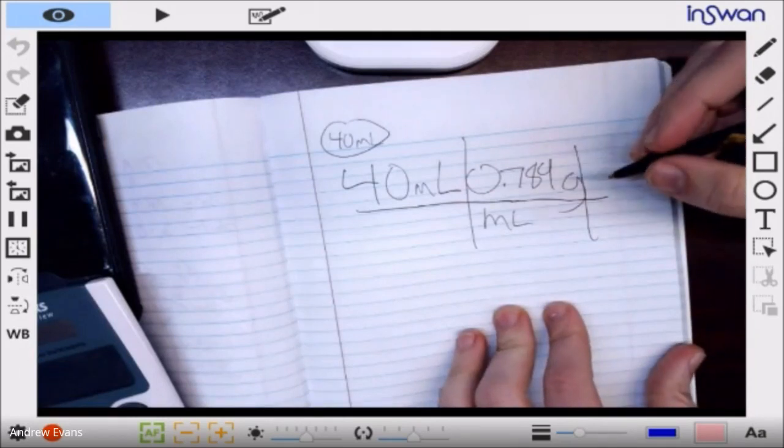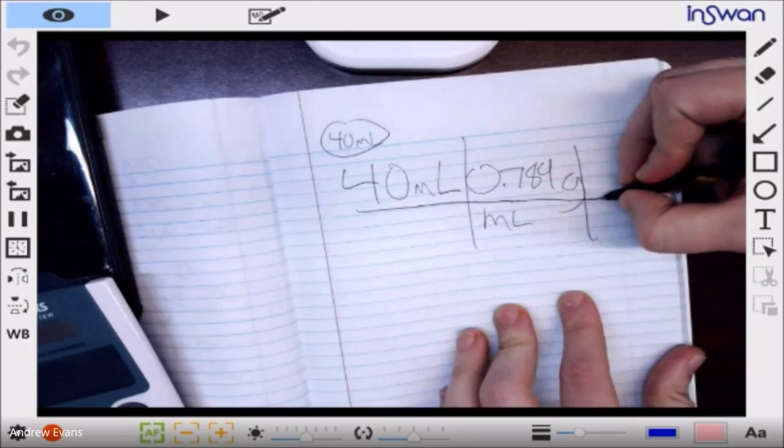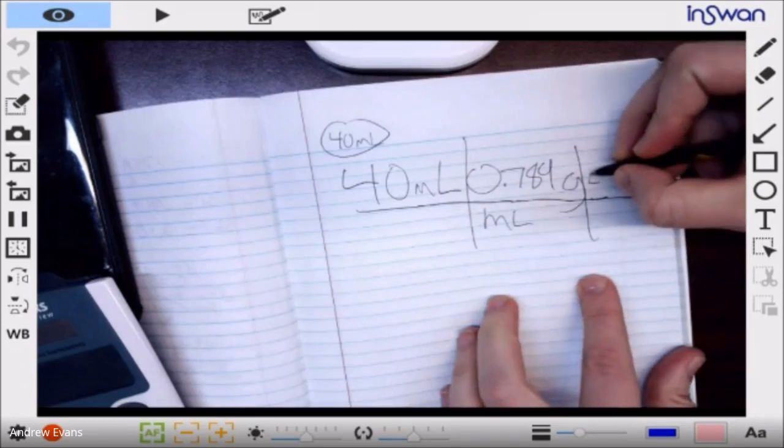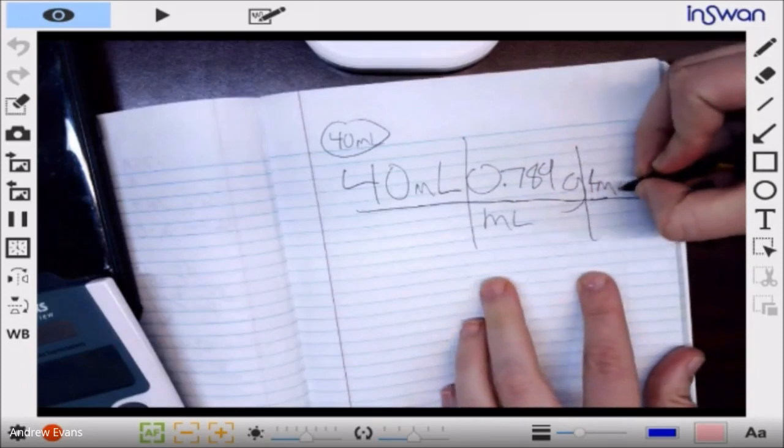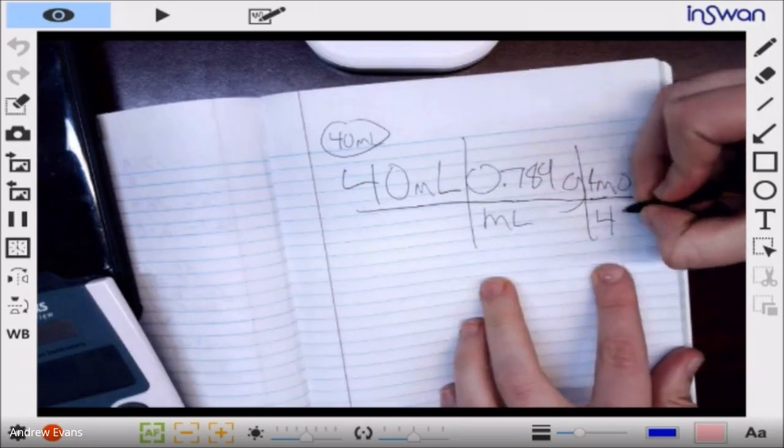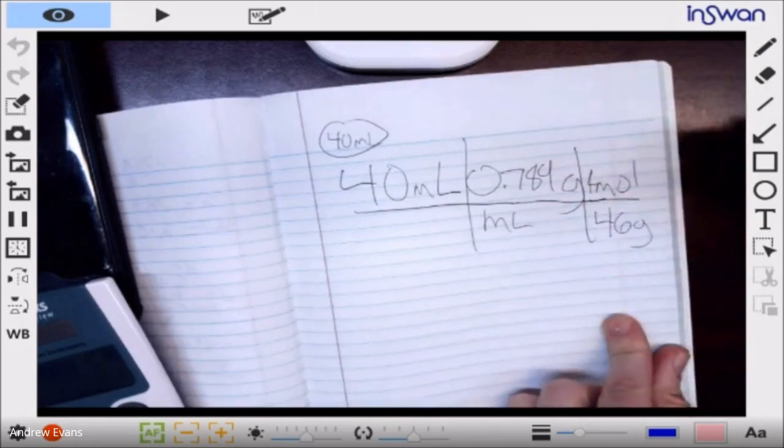It should be 46 grams per mole. So 1 mole, 46 grams. So I'm setting that up.